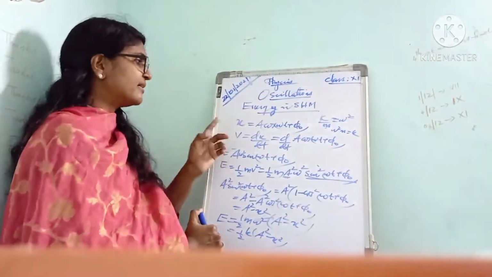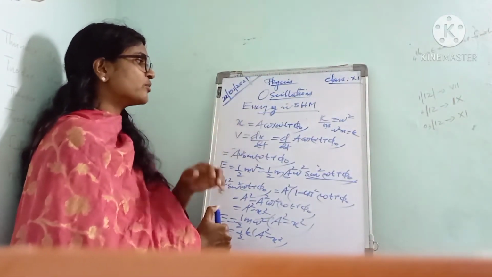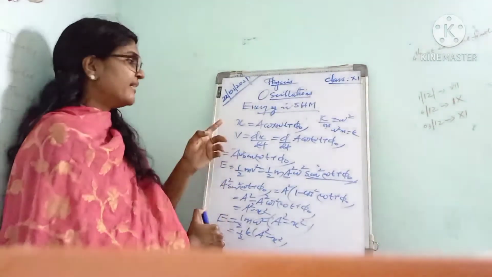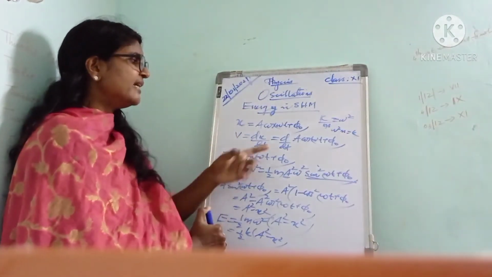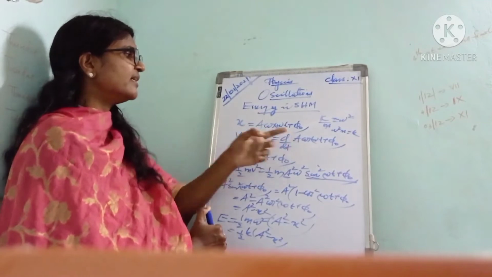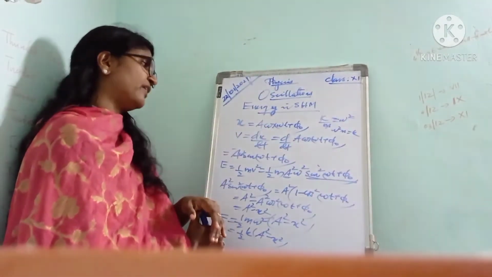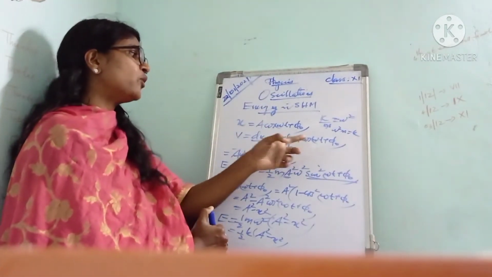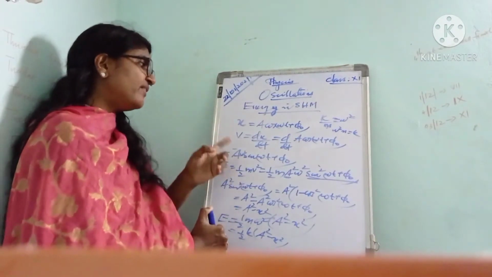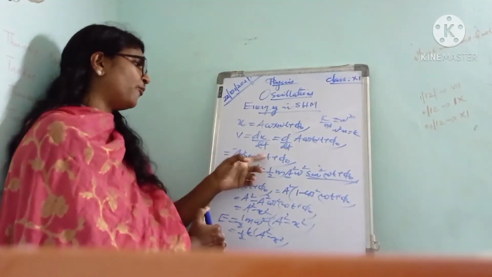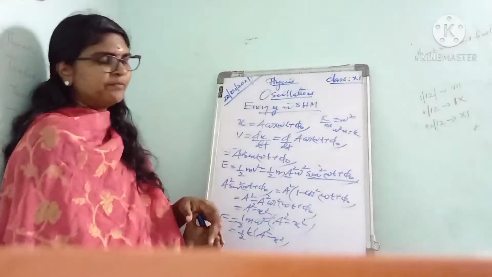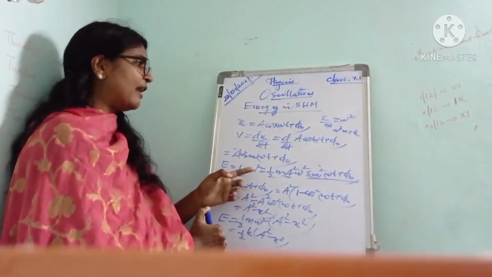For that we first consider the displacement x as A cos(omega t plus phi 0). Then velocity is dx by dt. Differentiating A cos(omega t plus phi 0), we get minus A omega sin(omega t plus phi 0). Then kinetic energy equals half mv squared.